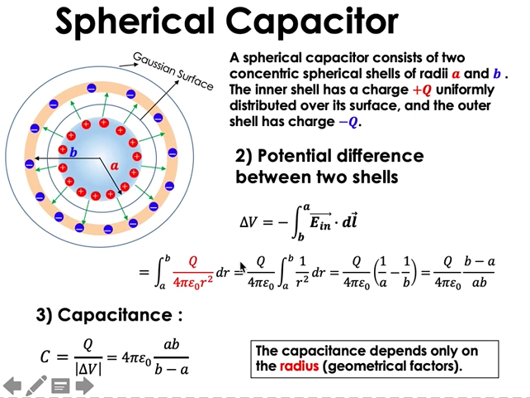And then substitute the electric field into this integral, and we can obtain the result as Q divided by 4 pi epsilon 0 times B minus A, divided by AB.